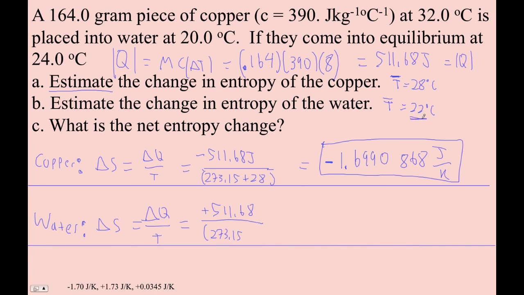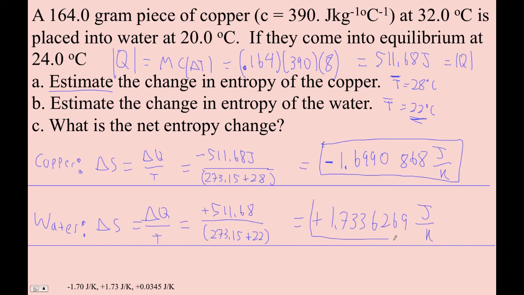Okay, so for the water, the average temperature was 22, so we go 511.68 divided by parentheses 273.15 plus 22. All right, 1.7336269 joules per Kelvin, positive.